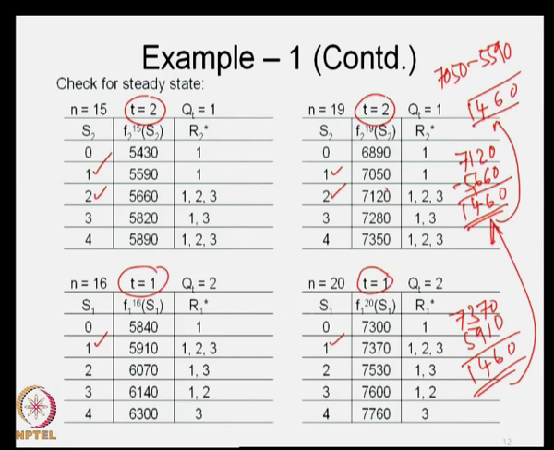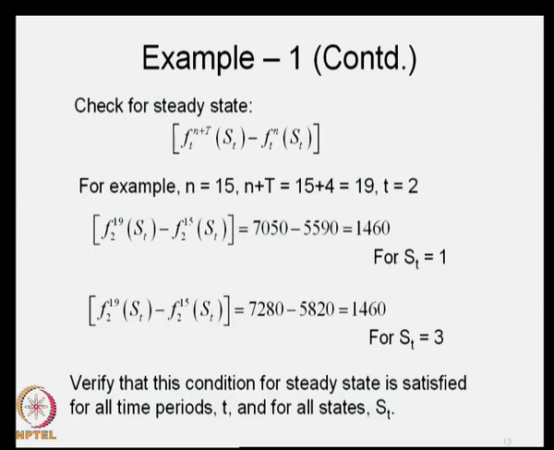So, irrespective of your storage state and the time periods, the annual returns will remain the same if you follow this policy over and over again in a long period of time. That is what the steady state policy is.